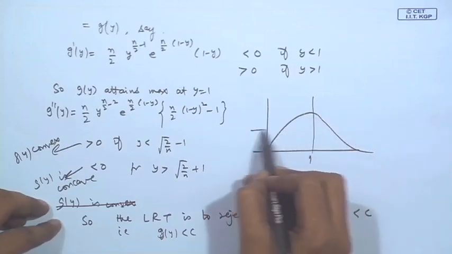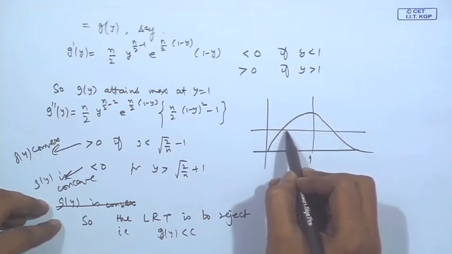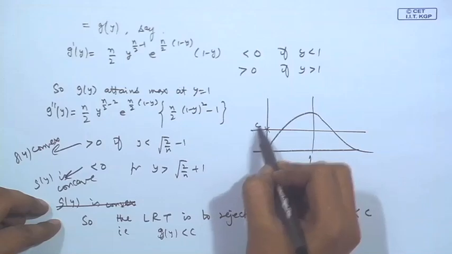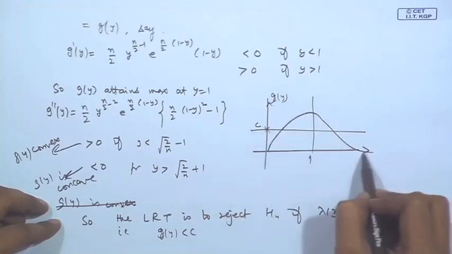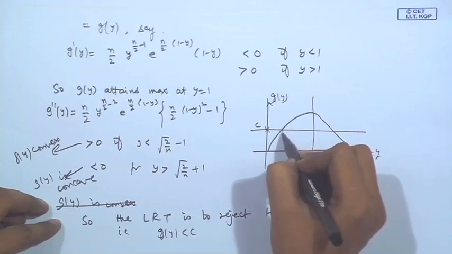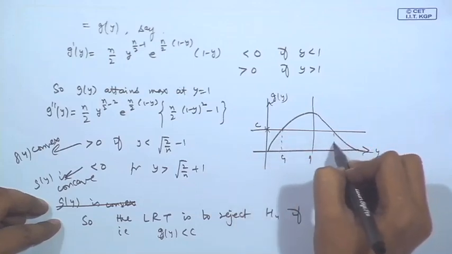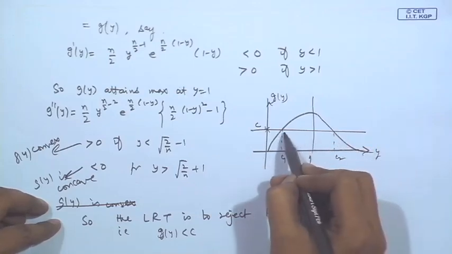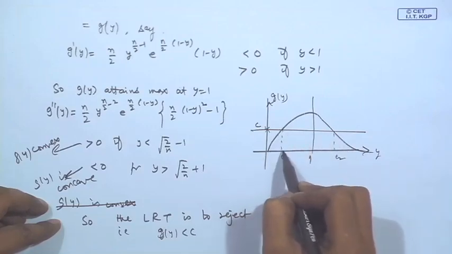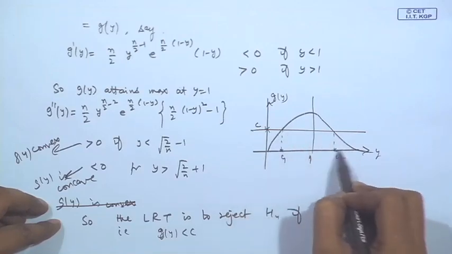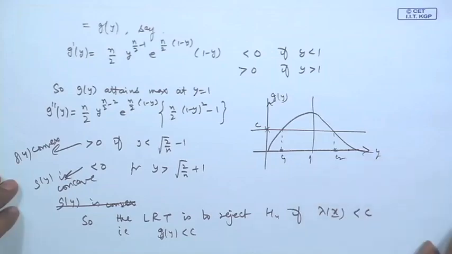So, suppose this is the point c and this is the curve g y against y. This could be some value say c1, this is some value c2. So, if I say g y is less than c, this is equivalent to y being less than c1 or y being greater than c2.